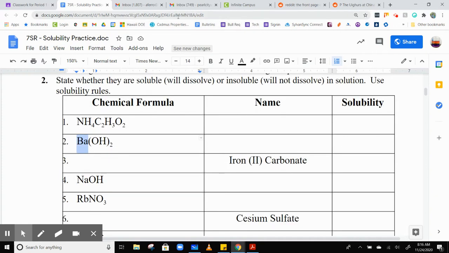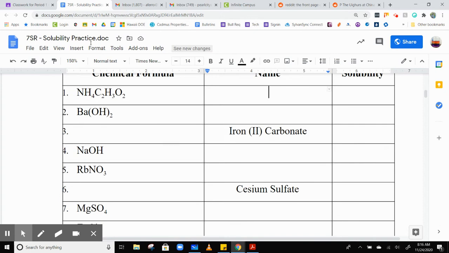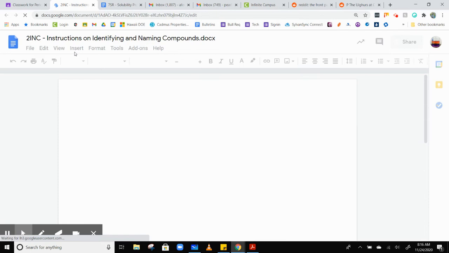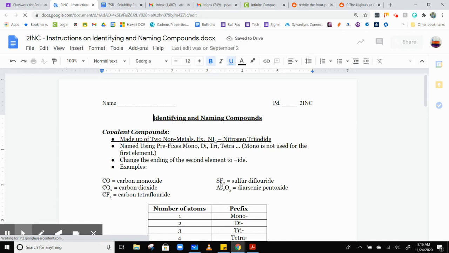Okay, now if you have trouble remembering how to name the compounds, I did include the instructions for naming. You don't have to do this worksheet. We did this worksheet a long time ago, right? But I put the instructions up here so it can help you remember. And all of these compounds, none of these are covalent.